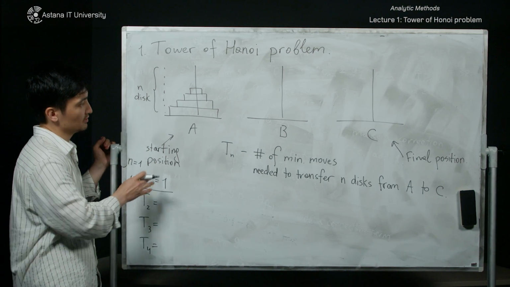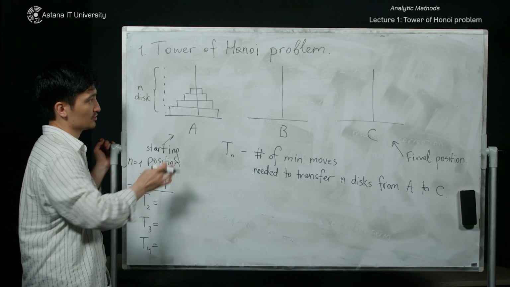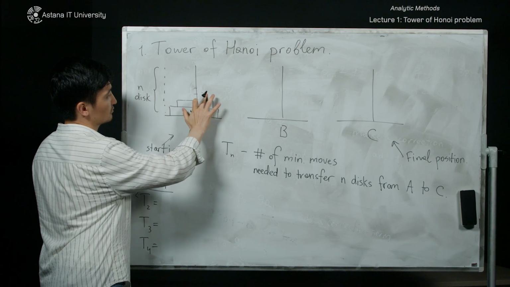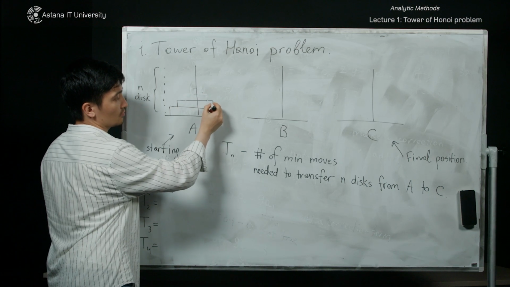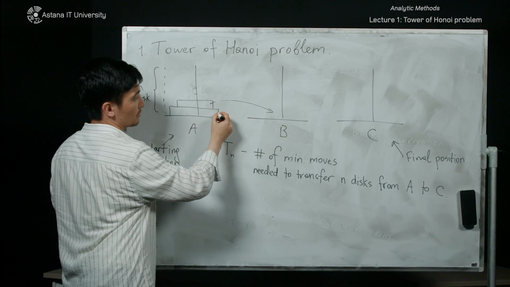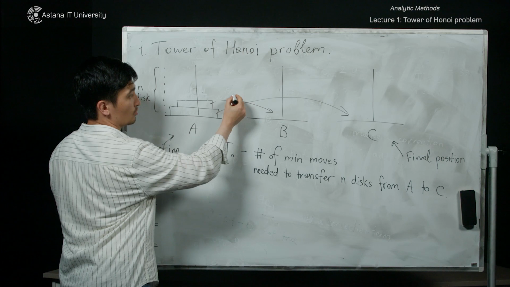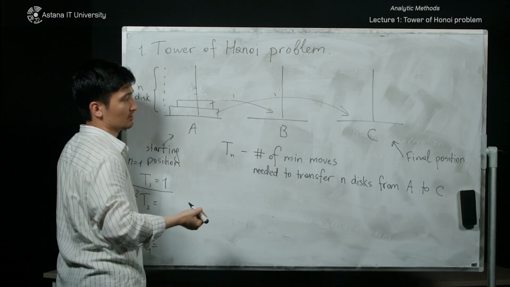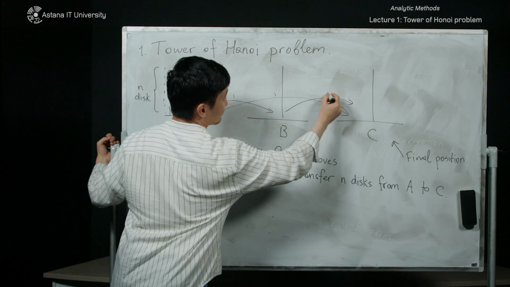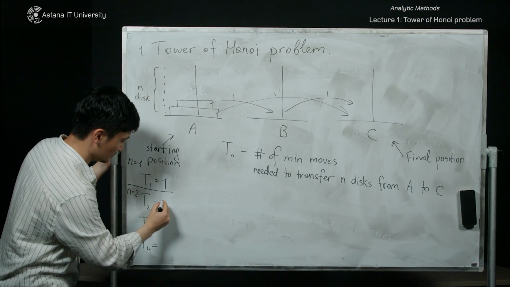You first move the upper one over here, and then the bottom one you move over here. So you have one move, second move, and then this disk goes on top of it. So we have in total 1, 2, 3 moves.